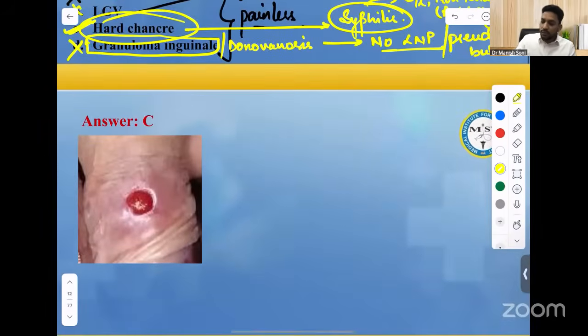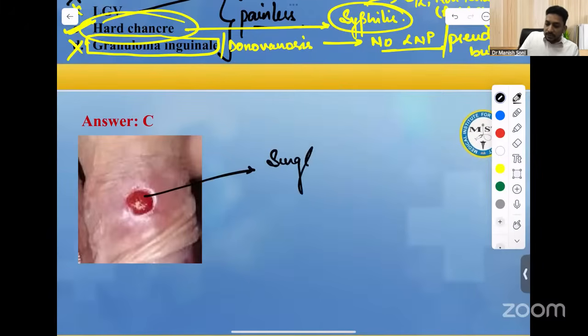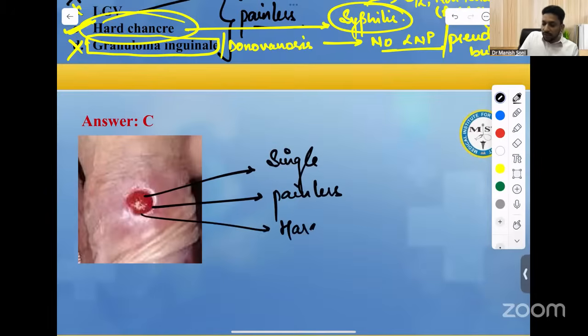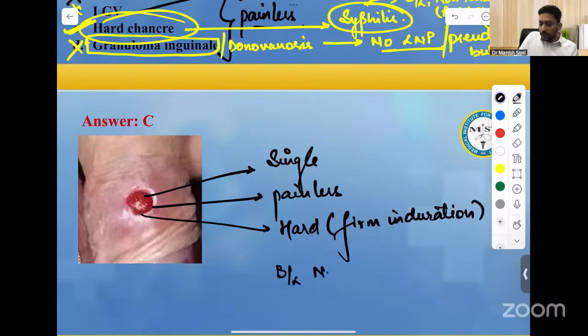The important clues in the image are a single genital ulcer. In the question, it is written painless. Hard genital ulcer. Why hard? Because of firm induration. With bilateral, non-tender, rubbery lymphadenopathy.